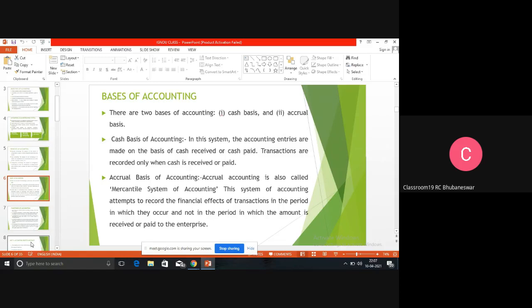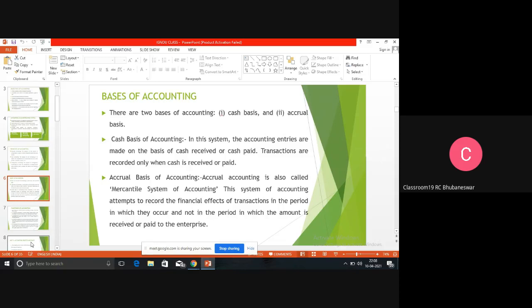Cash basis accounting is a system where transactions are recorded when the money is received in cash. Money is received in cash and it is recorded in the books of accounts. In case of accrual basis, whether the money has been received or not is not important. What is important is that the transaction has been effected.